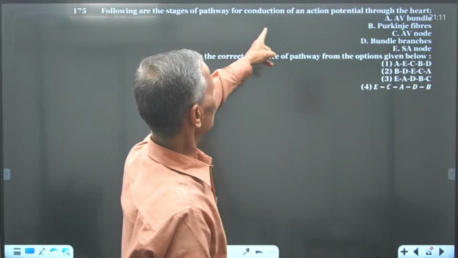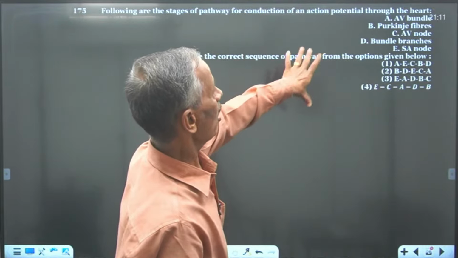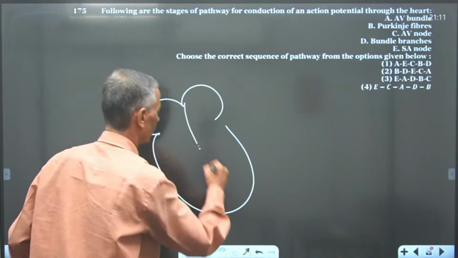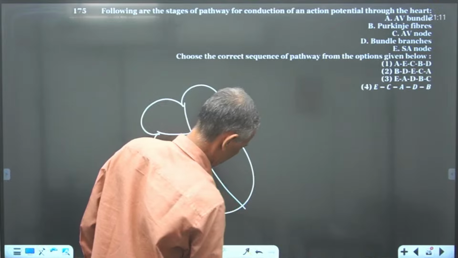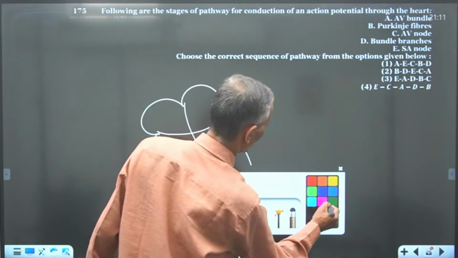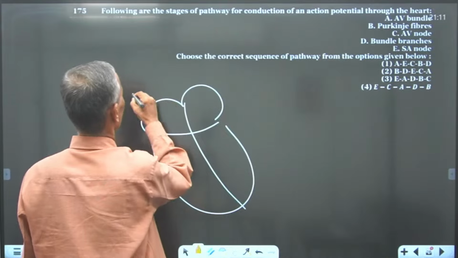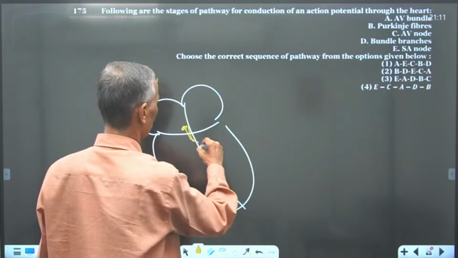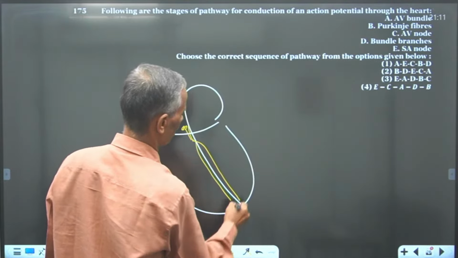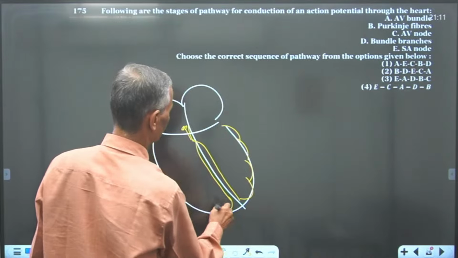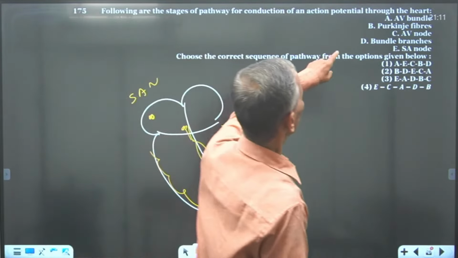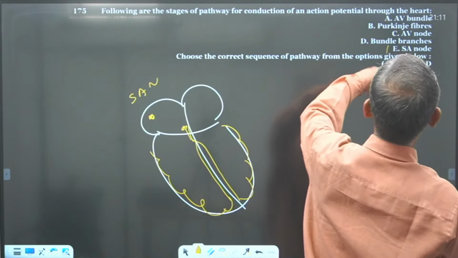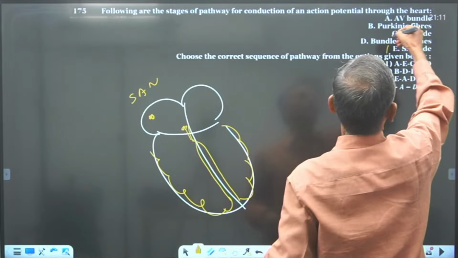Stages of pathway for the conduction of an action potential through the heart. We know that. Okay. Having the action potential starting from SA node, then AV node, AV bundle, passes through the anterior and posterior, then Purkinje fibers. Okay. So we are having SA node 1. Then you are having AV node.